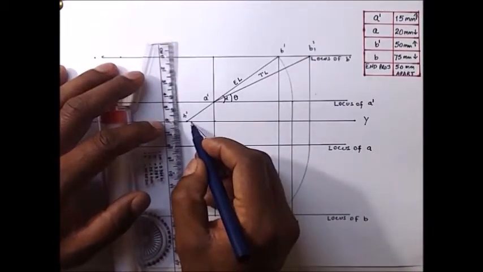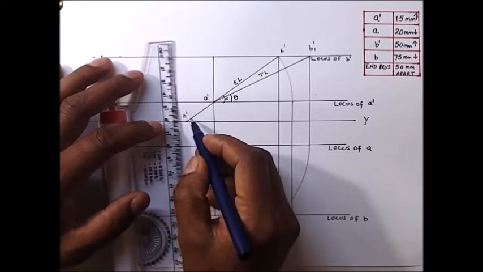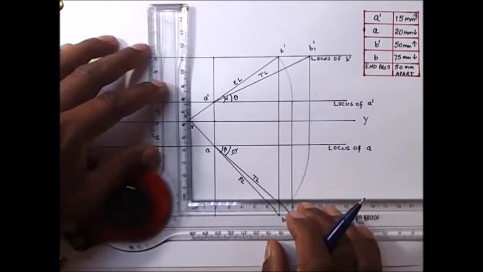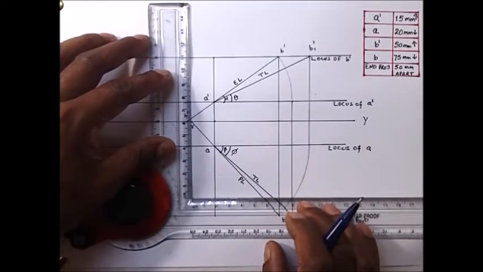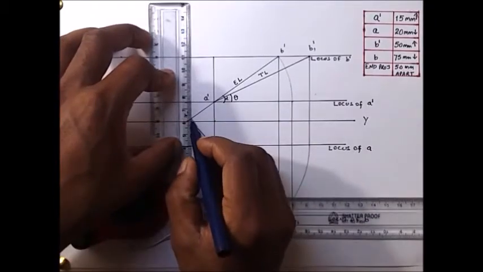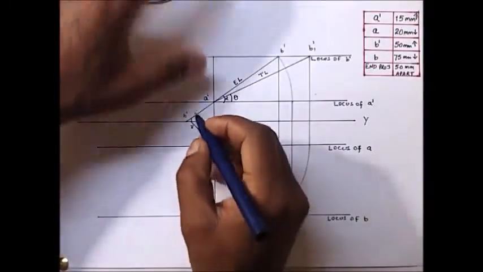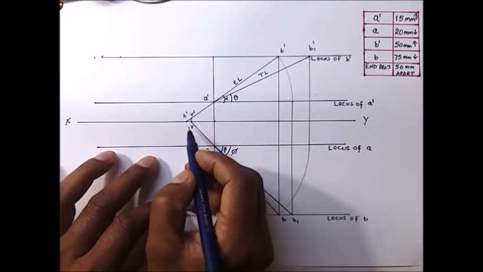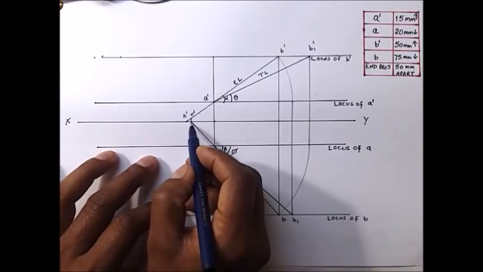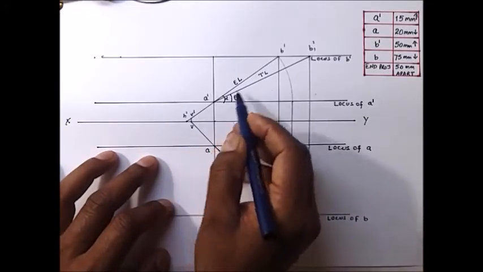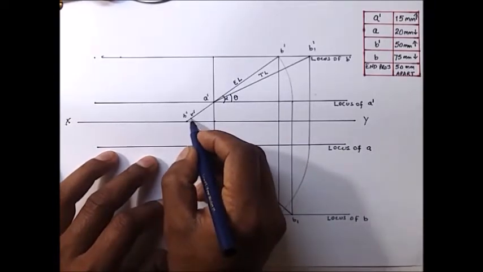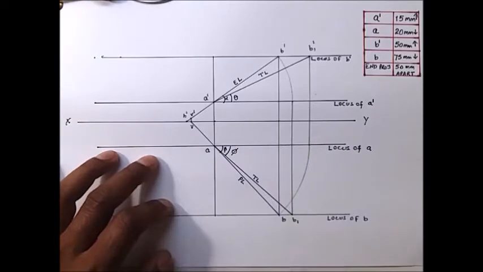Now drop a perpendicular from V to the extended line of EL, and you will get point V dash. This point is your vertical trace.